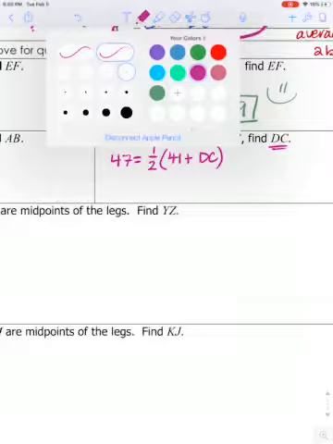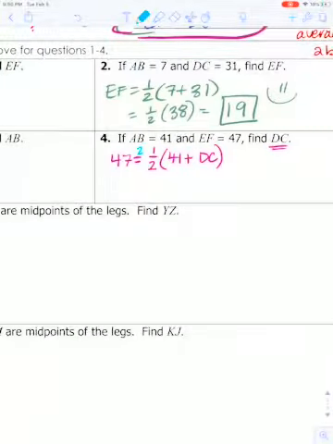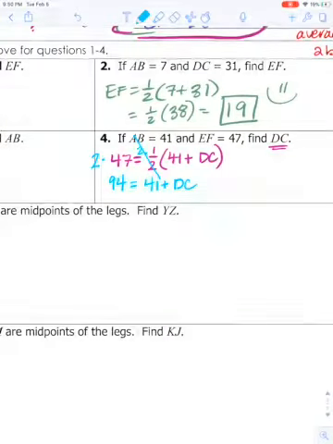What I usually like to do is get rid of this 1/2. Instead of distributing it, I'm going to multiply both sides by 2. When I multiply the right by 2, it cancels that fraction away. But whatever I do to one side, I have to do to the other, right? So that's going to become 94 equals 41 plus DC, because the 2 and the 1/2 canceled out.